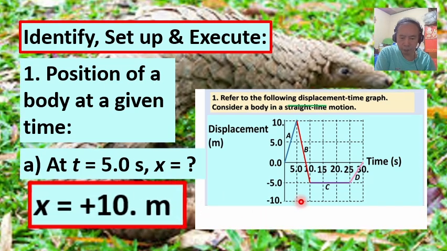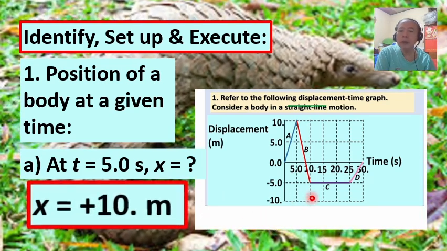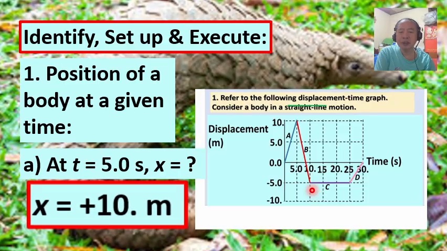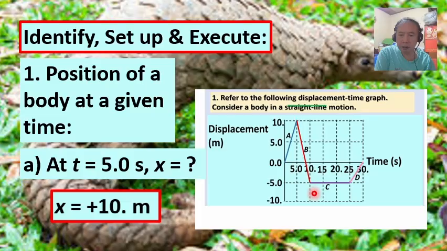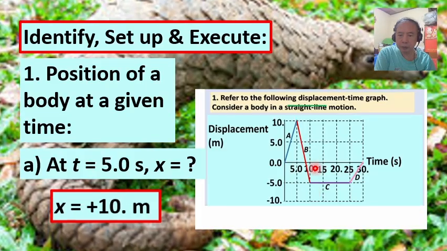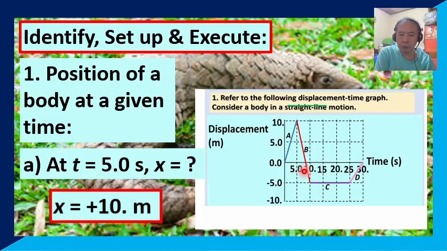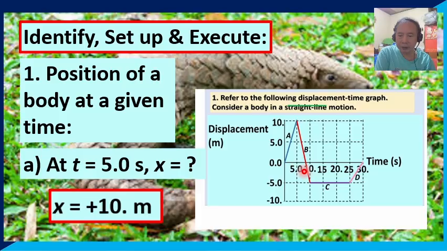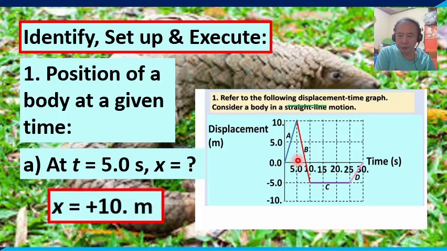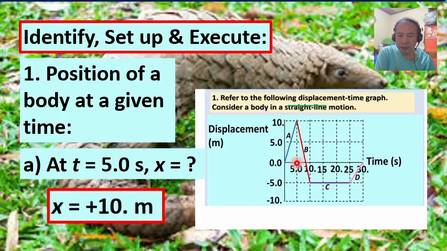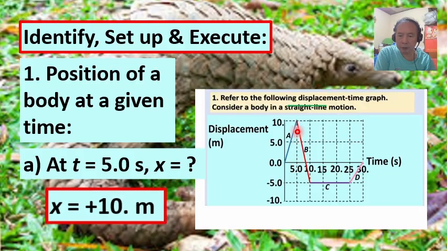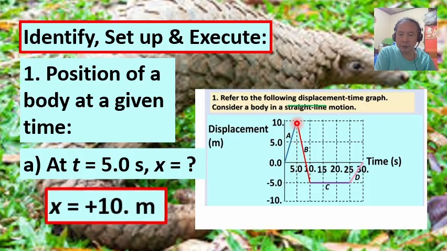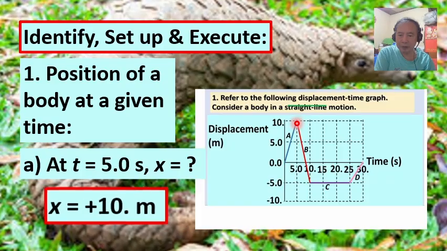So, put your cursor at the point that corresponds to time equals 5.0 seconds, right? Notice that that point has a corresponding value for the displacement.